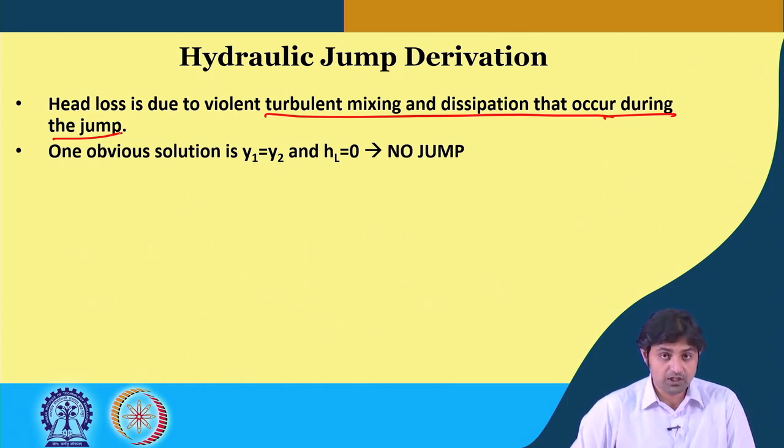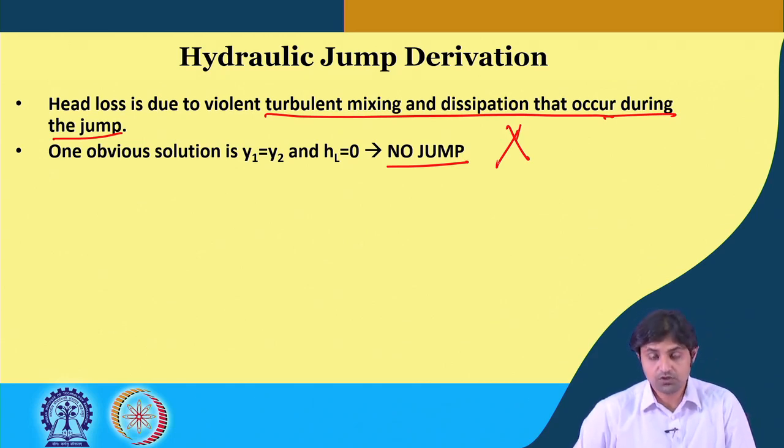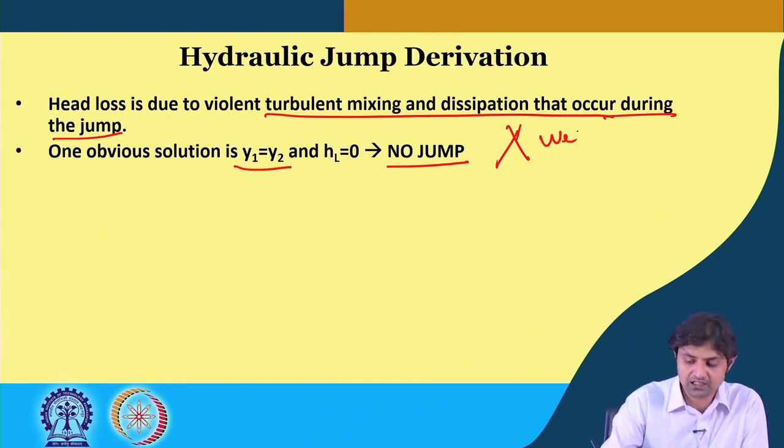For the equations written behind, one of the obvious solutions is y1 equal to y2, but this implies that there is not going to be head loss, therefore implying that there is no jump. So, this is not an acceptable solution to us, because we are assuming that there is going to be a jump. So, one solution is y1 equal to y2, which we neglect.